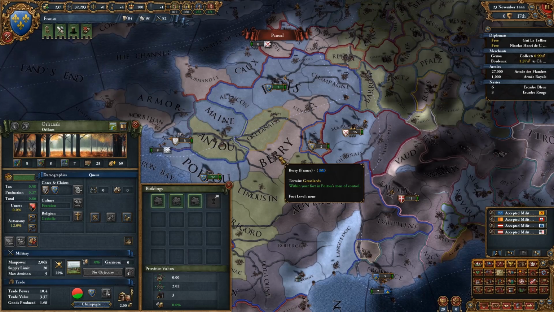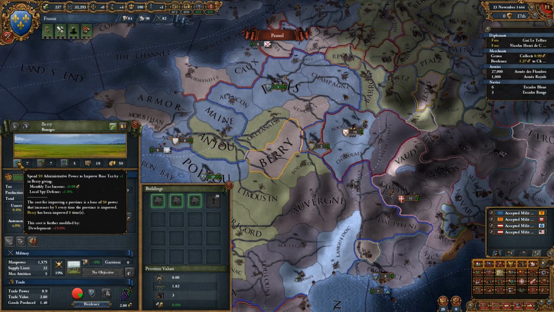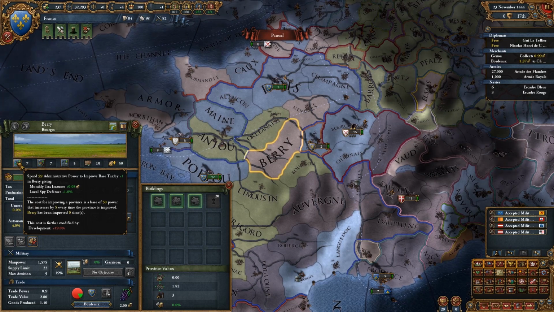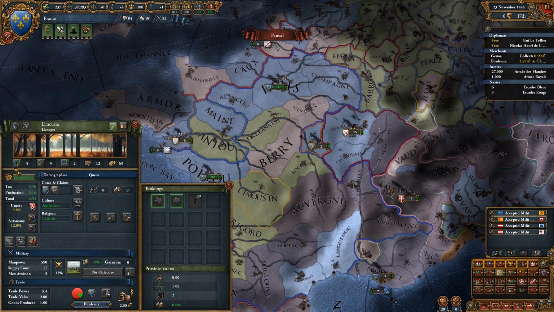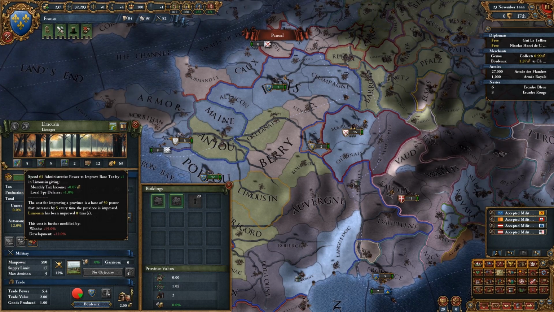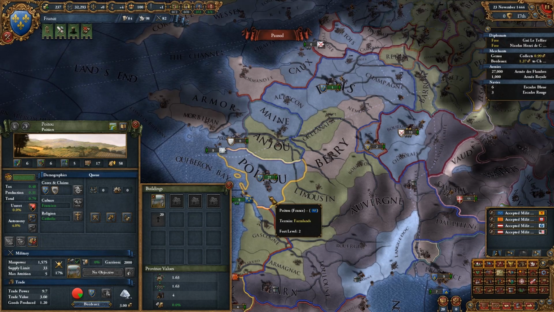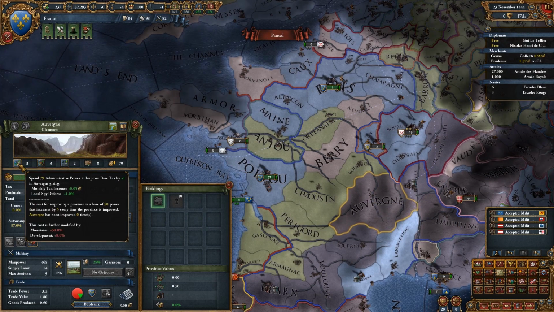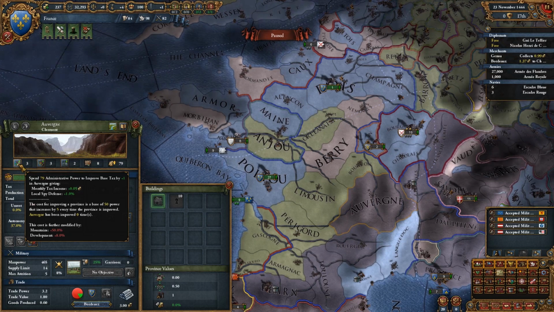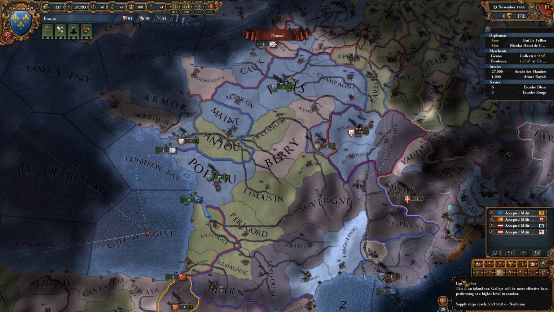If we went ahead and looked at grasslands, grasslands doesn't have the modifier for the terrain type, but woods does. Woods is 15%. There's nothing for farmlands. If we wanted to develop a mountain province, the mountain province has a 50% development penalty. So the terrain type can make a difference to multiple things.